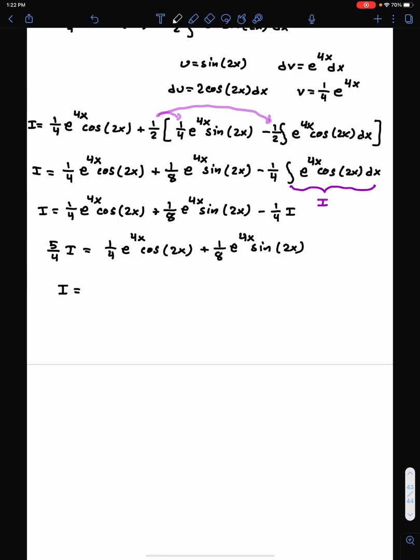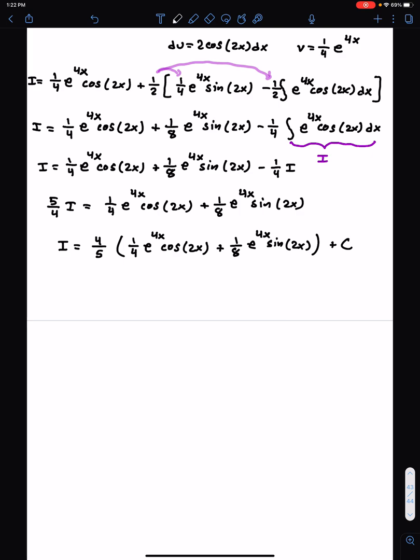So I is equal to 4/5 times 1 over 4 e to the 4x cosine 2x plus 1/8 e to the 4x sine 2x. Since I solve for I, I'll add some constant of integration.